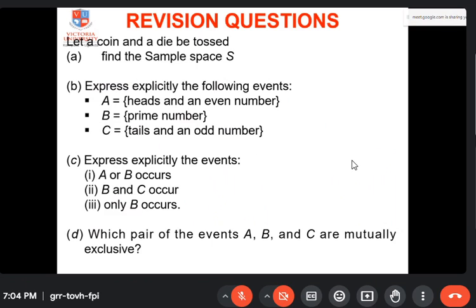You compare A and B, A and C, then B and C, and tell which ones don't have intersections. That's what we mean by mutually exclusive.